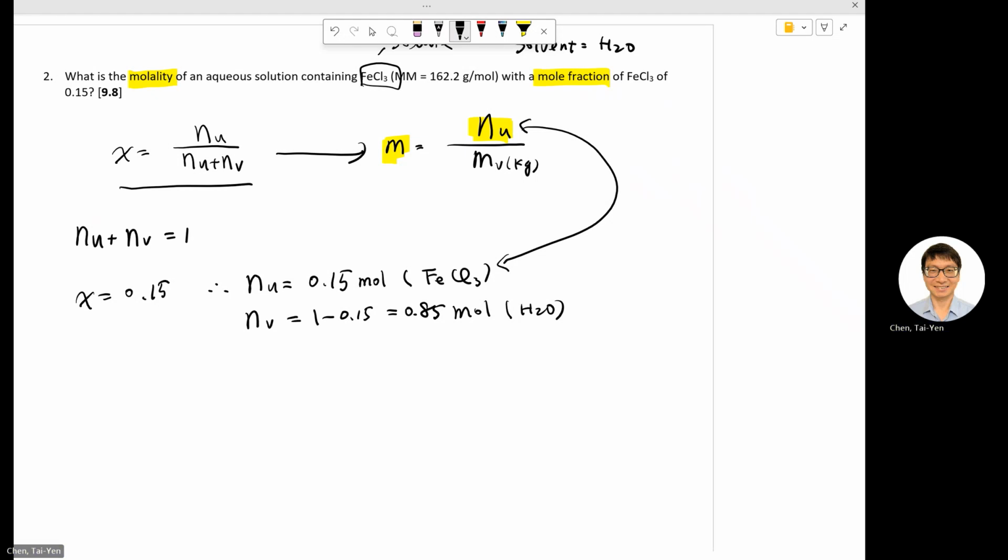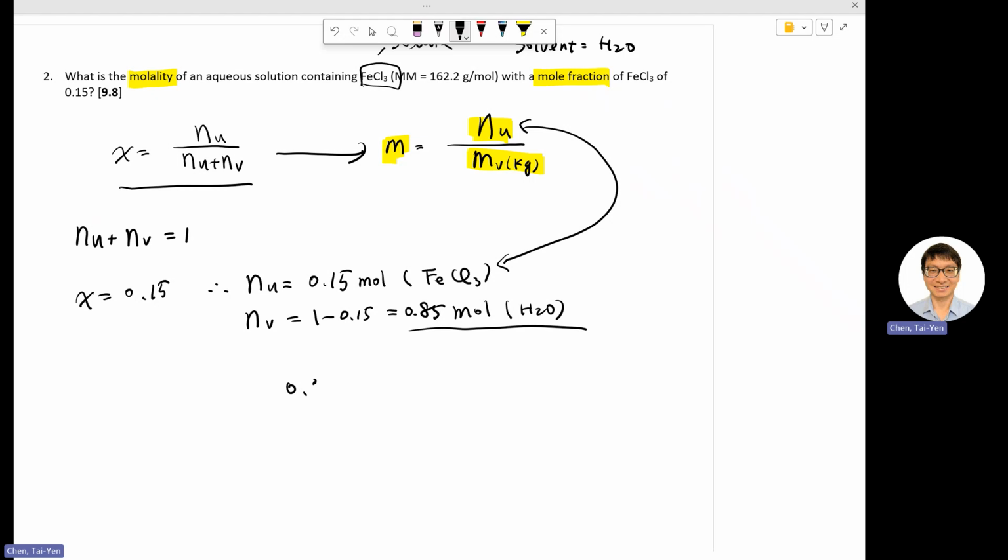Everybody follow? Okay, so what do you need to figure out? The mass of your solvent, right? Do you know the mass of your solvent? No, you don't.